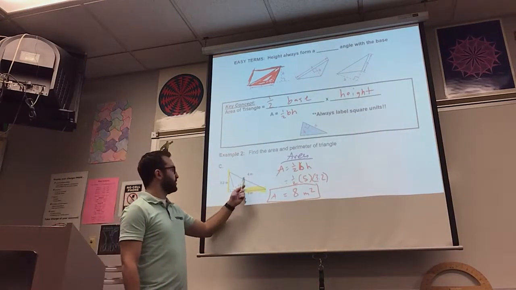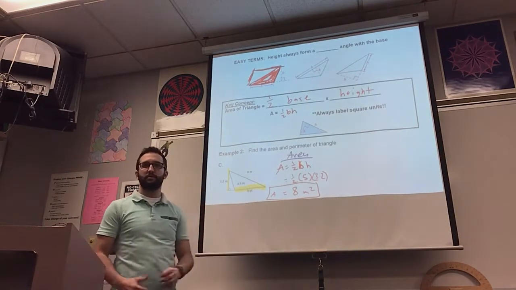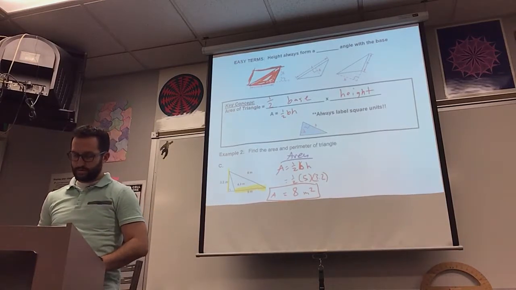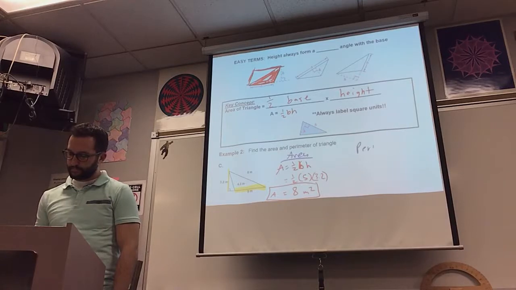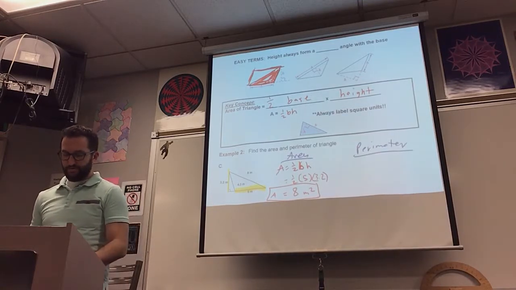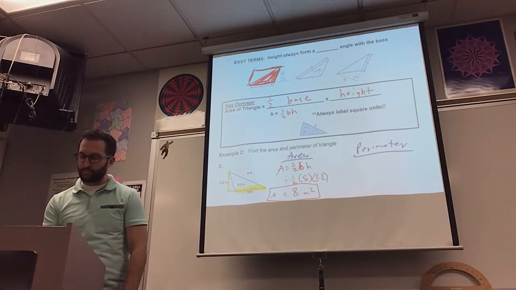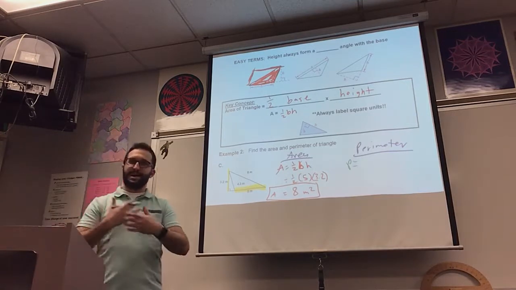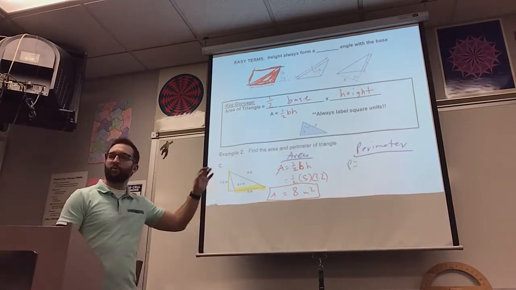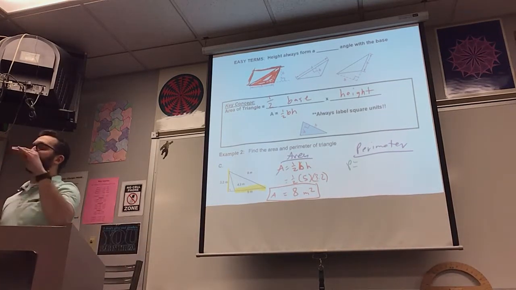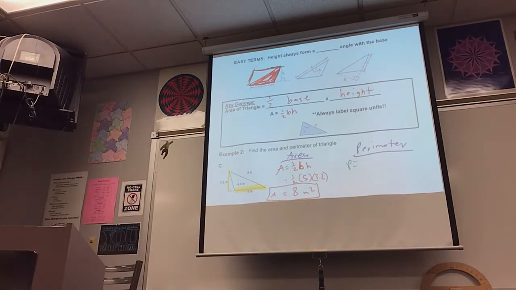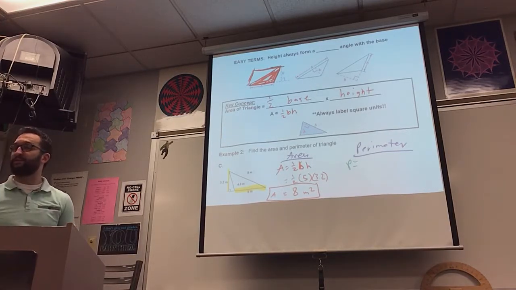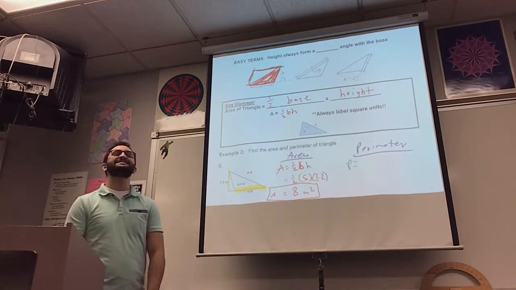Why are these other two here? For the perimeter. Remember, what's the definition of perimeter? Or excuse me, the equation for perimeter. P equals, add up all the sides. Which of these 4 numbers will not be added up? Which of these numbers is not a side of my triangle? 3.2.